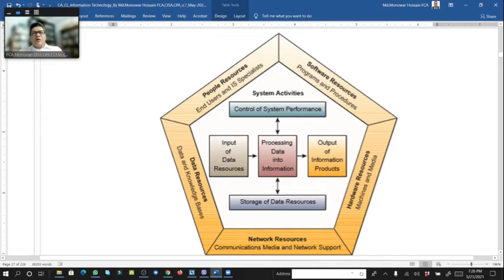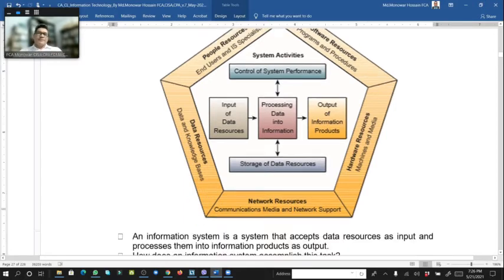All of these are system activities: input, process, output, storage, and control. With the support of people, software, hardware, network, and data resources, the system works within the organization, within the environment of a system, this way.